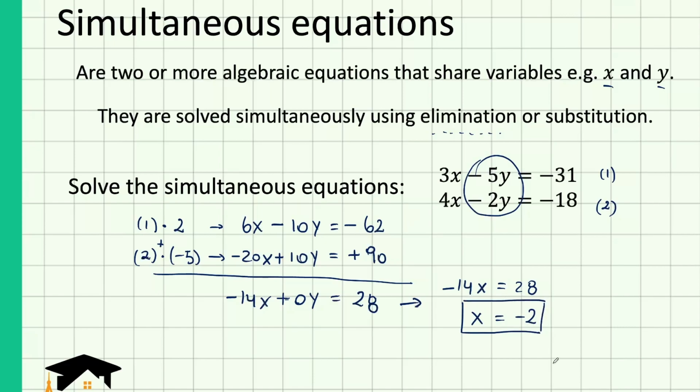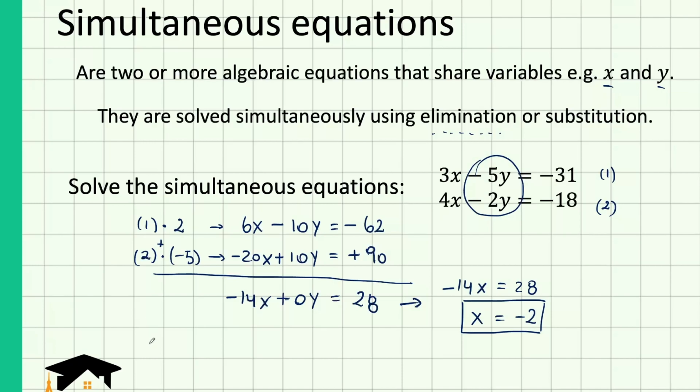Now to find the second variable, all we have to do is substitute x into either one of these equations and then make y the subject of the formula to find its value. So let's do it with the second one.